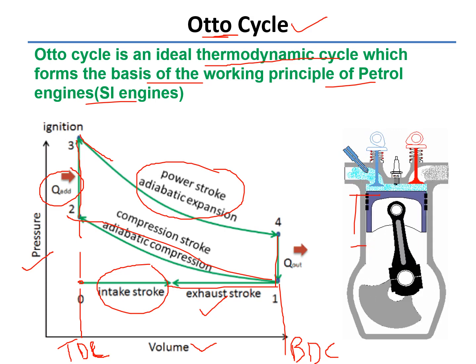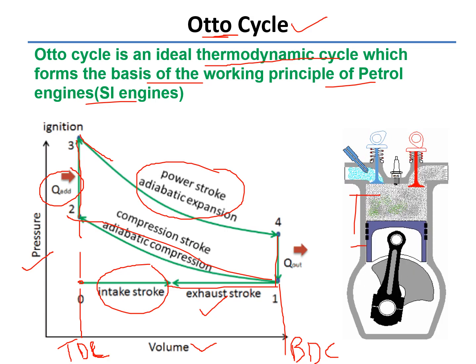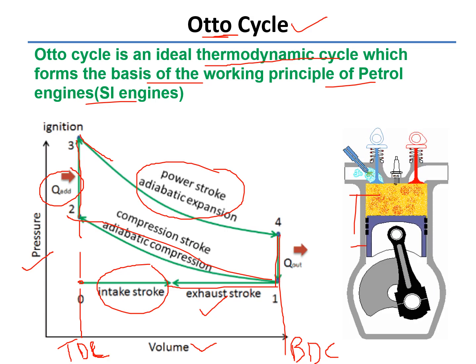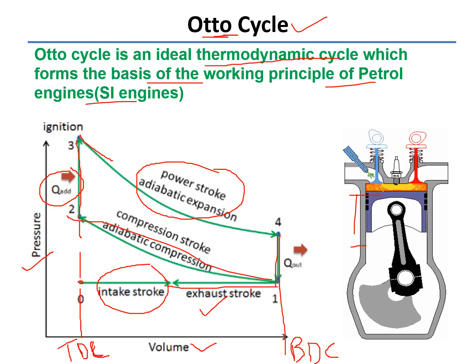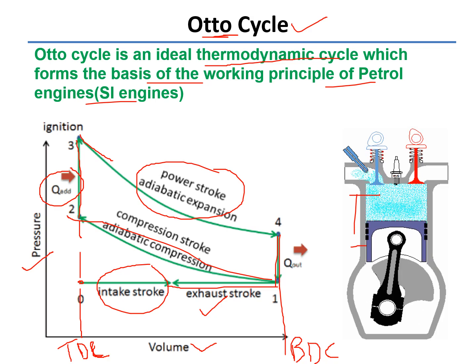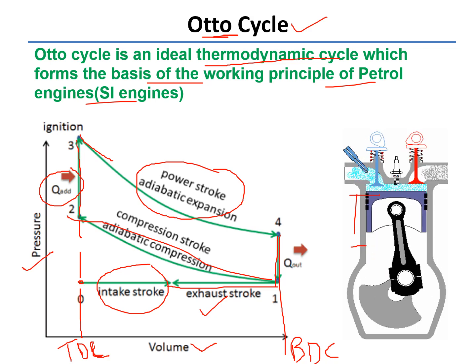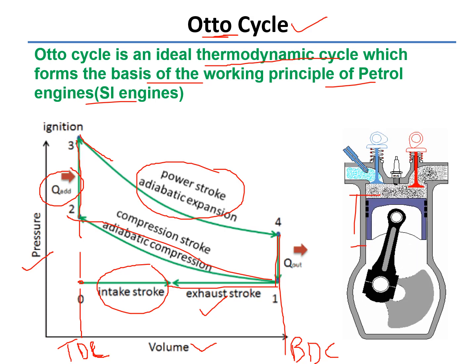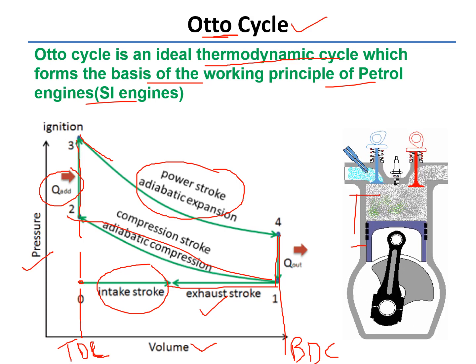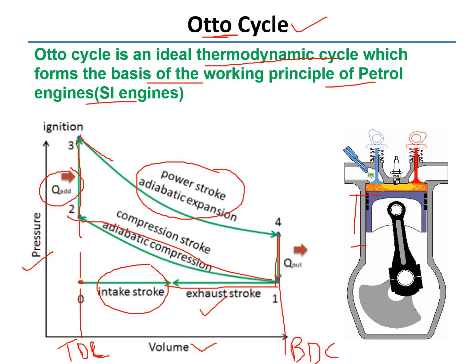And just at the end of the expansion stroke, the exhaust valve opens, the heat is rejected, and the pressure will drop up to the atmospheric pressure, and then finally the piston will move from BDC to TDC, and that is the exhaust stroke. So this is the Otto cycle, which tells us about the working of the 4-stroke petrol engine or the SI engine. Now one by one I will explain these strokes again in the coming slides.